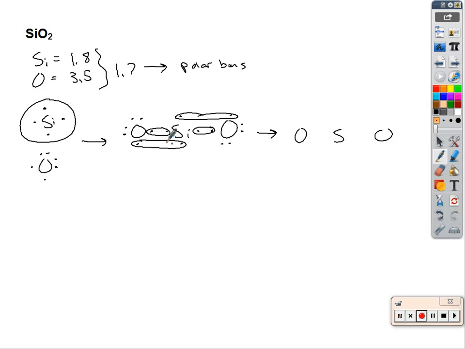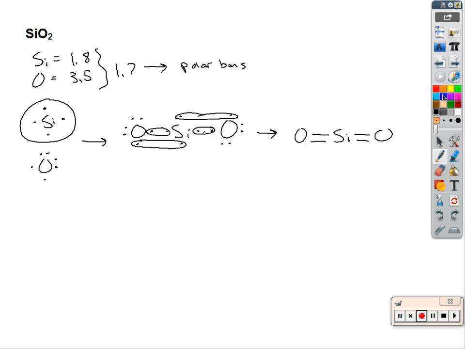When we attach the oxygens and the silicon, we're going to use 2 dashes because we've circled 2 sets of electrons between each one. So this is double bonded. Again, linear molecule because there are no unshared electrons. We used up all the silicon's electrons. Double bonded because we circled 2 pairs of electrons between each one.